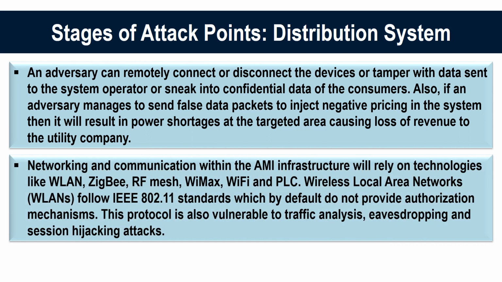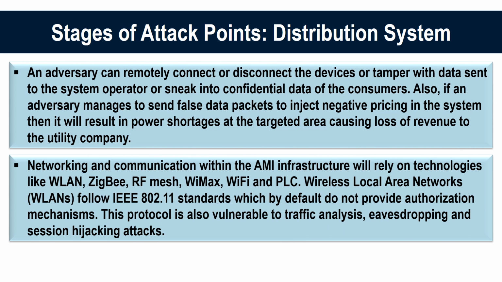Networking and communication with AMI infrastructure will rely on technologies like WLAN, ZigBee, Mesh, and WiMAX, all wireless standards which follow IEEE standards, which by default do not provide an authorization mechanism. Assume a case where a device comes for installation with a default IP address.